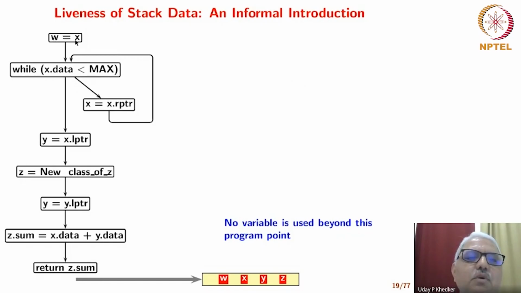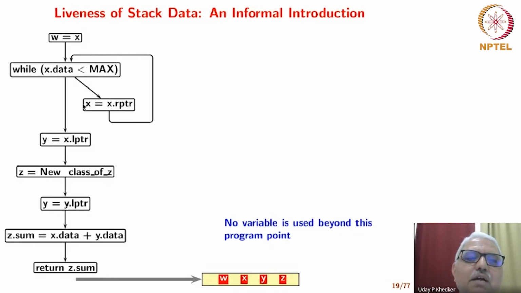We say w equal to x, and while x dot data is equal to something, we say x is equal to x dot rptr. This is a Java style notation. Maybe I should have put arrows here. Please keep in mind this is a Java style notation, not C++ or C style notation.